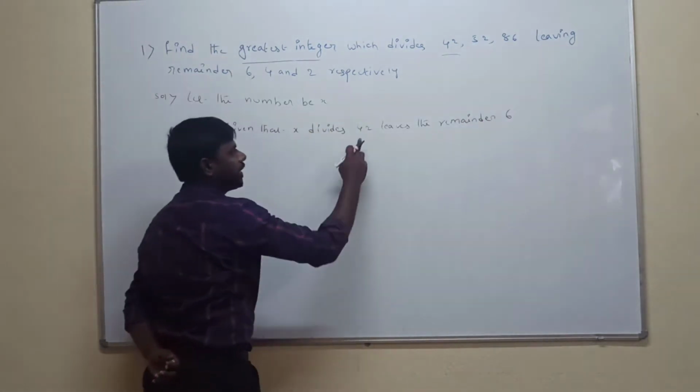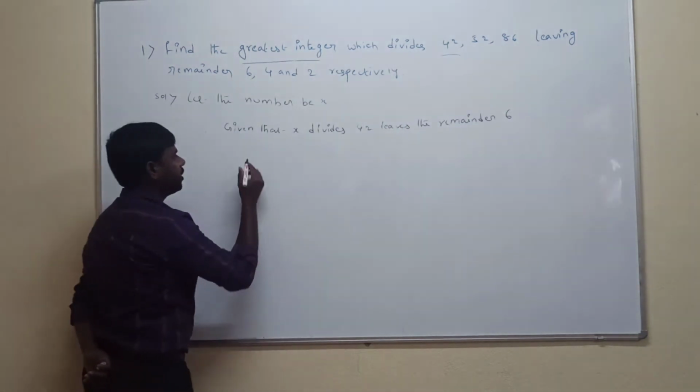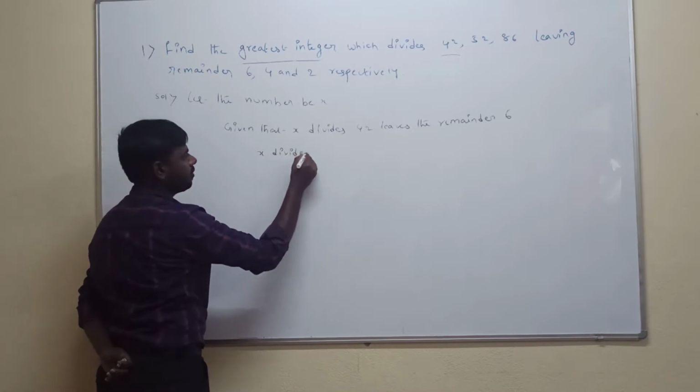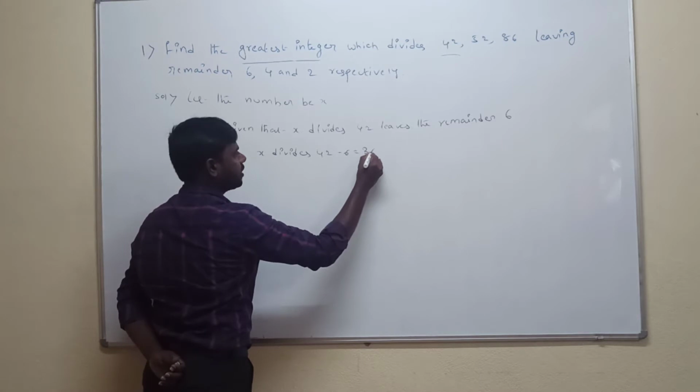Since 42 leaves the remainder 6, that means x divides 42 minus 6, so you get 36.